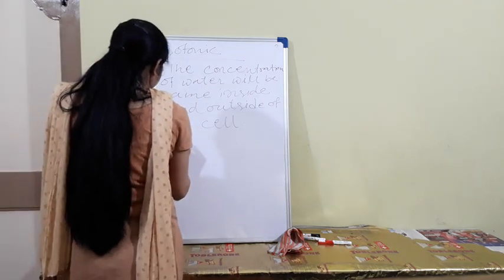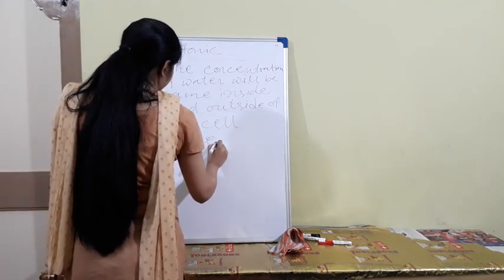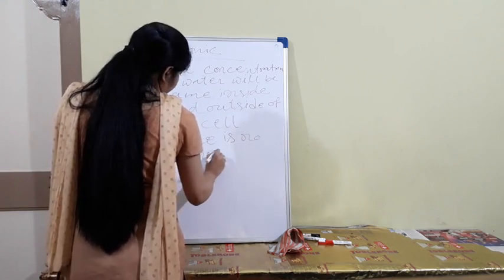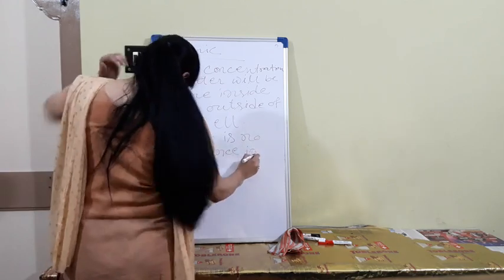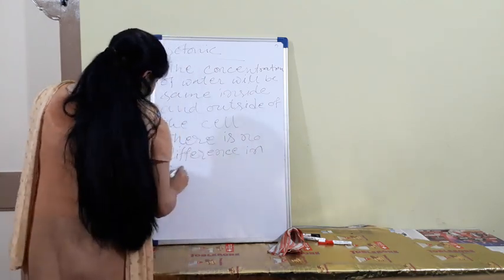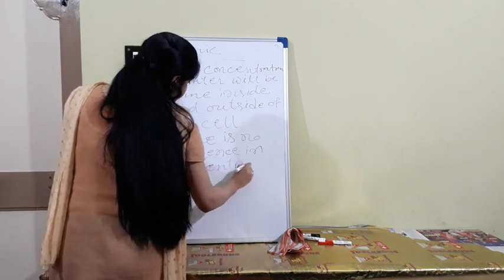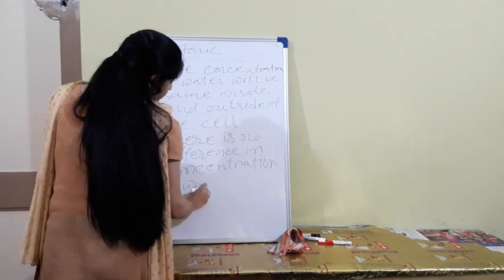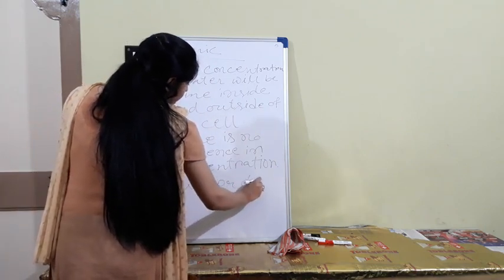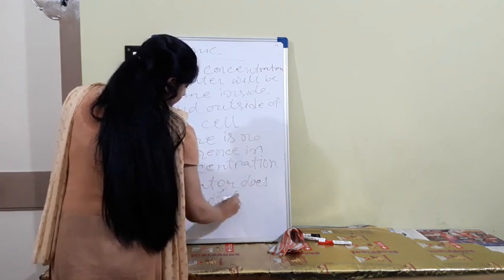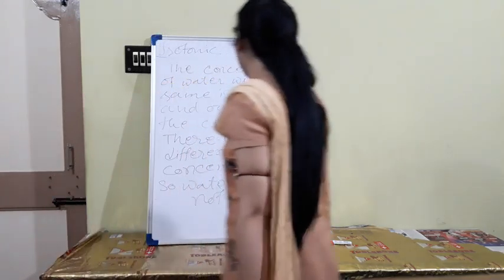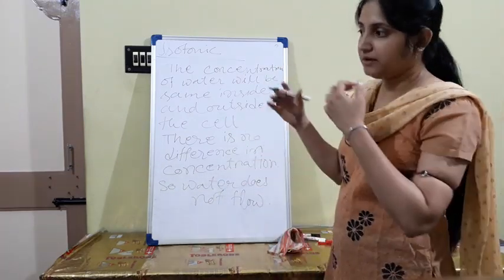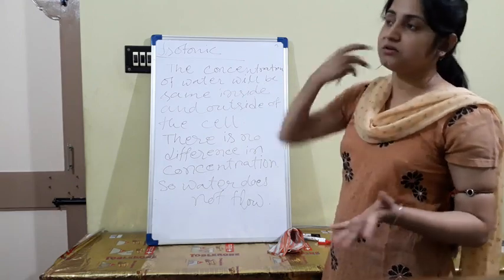There is no difference in concentration, so water does not flow. So this is the isotonic, meaning the concentration of the water is the same inside of the cell and outside of the cell. So there is no difference.